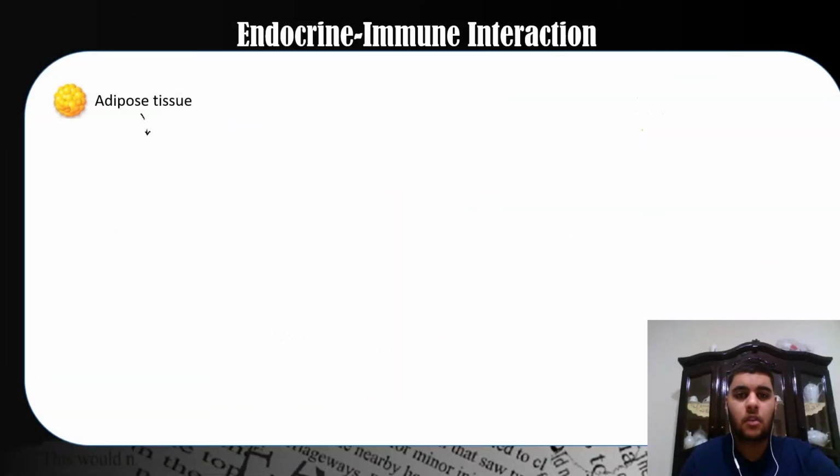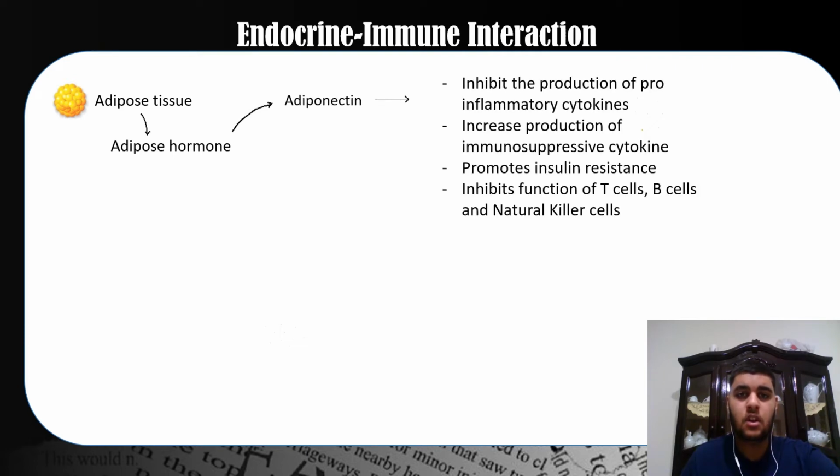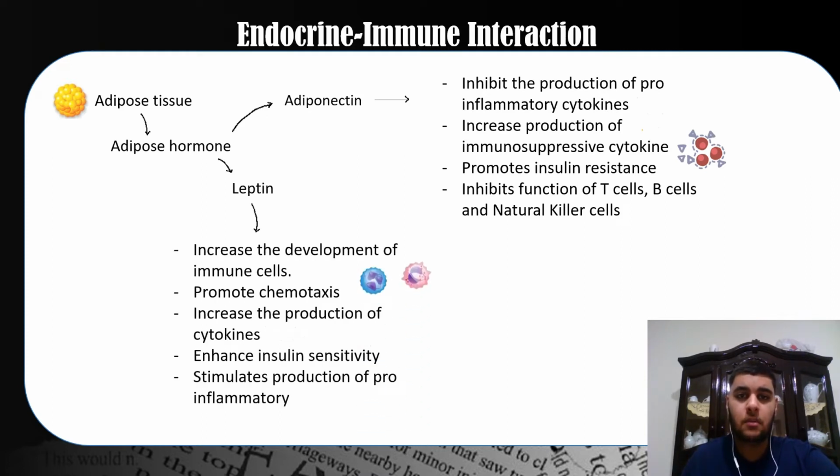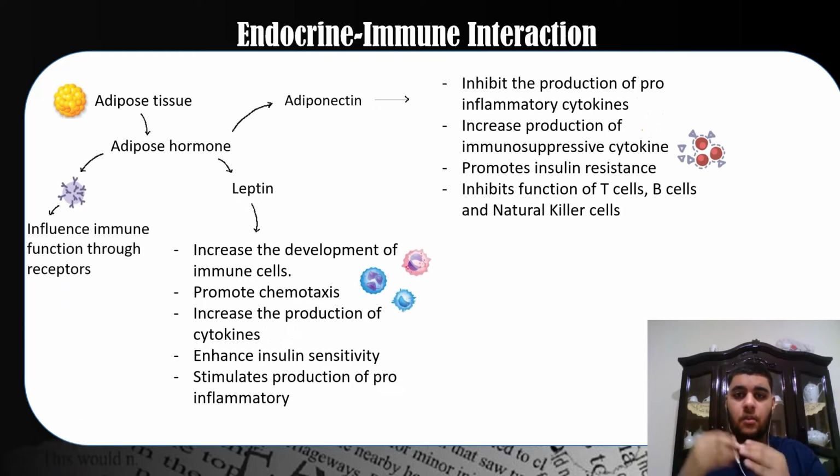I'll be talking about the endocrine immune interaction. Adiponectin and leptin are types of adipose hormones, and they control the function of the immune system. Adiponectin has direct immunoregulatory activity by inhibiting the production of pro-inflammatory cytokines such as interleukin 6 and increasing the production of anti-inflammatory mediators such as interleukin 10 by macrophages and dendritic cells.